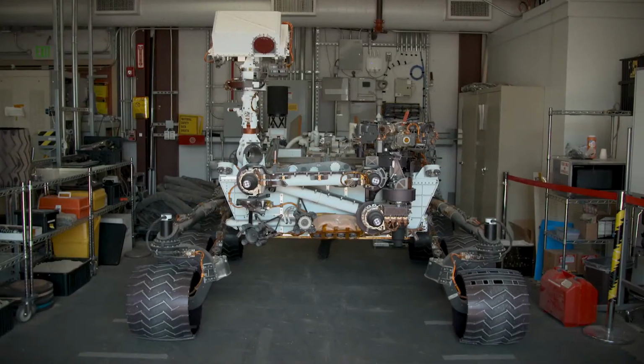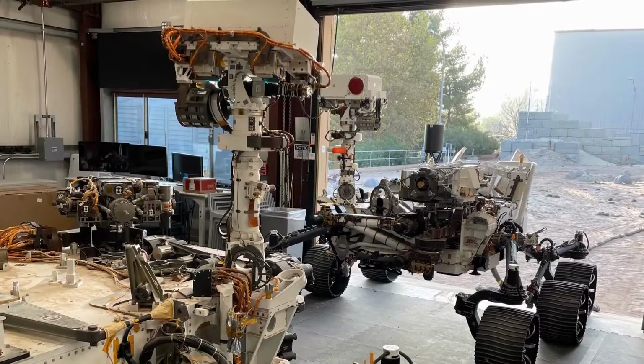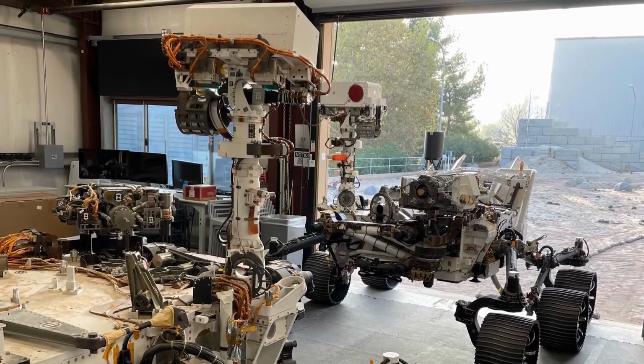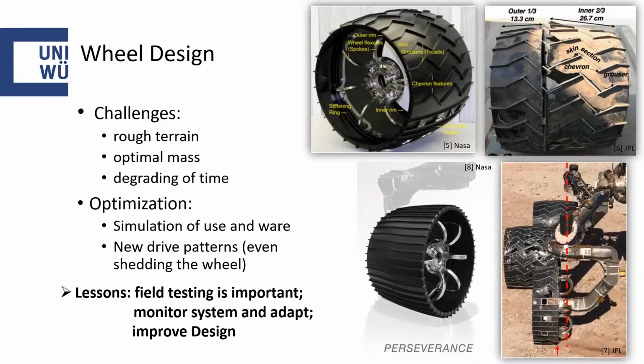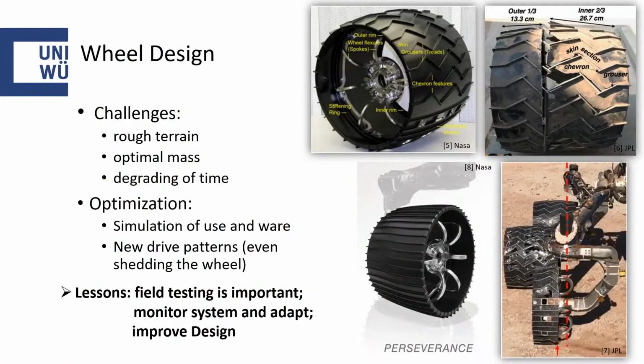So they have a test dummy on Earth where they fully can test driving potential with mass simulation, but with the whole wheels intact on Earth, and they simulate the gravel, the sand, and even the terrain, like the hills, the rocks that Curiosity has to drive over, and find solutions for these increased wear and tear issues, and really push the system on Earth to its limits to find things that do work or don't work. So if the situation arises on Mars, they have a solution on hand.